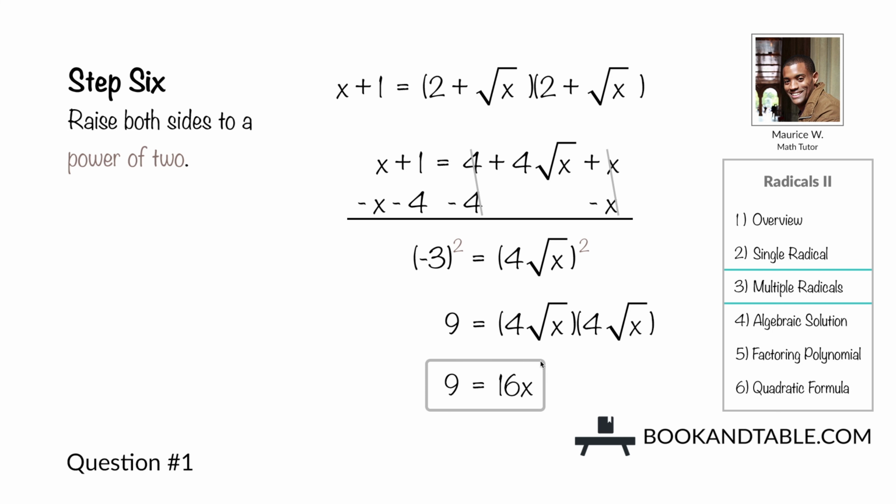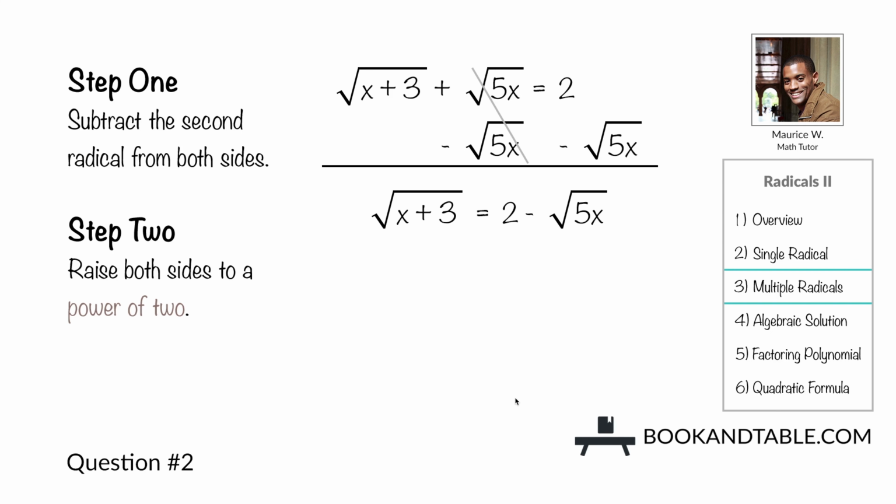So once we remove our radical signs from question number 1, we are left with 9 is equal to 16x. Again, we weren't solving for x, that's why I stopped here. I just asked you to remove the radical signs. But as you can see, x would be equal to 9 over 16 here. Let's take a look at question number 2.